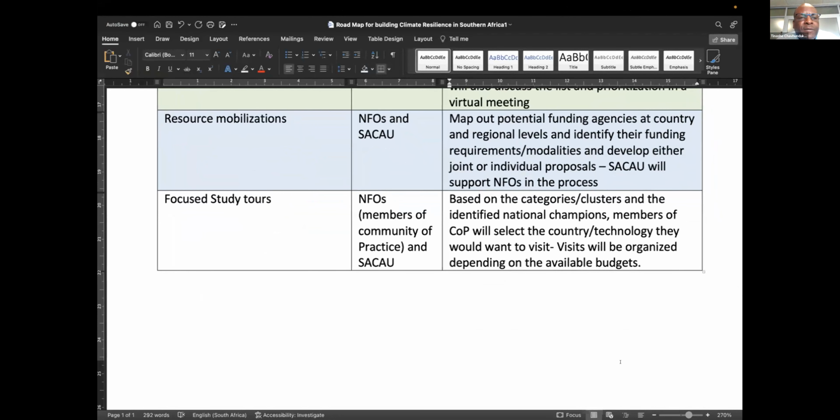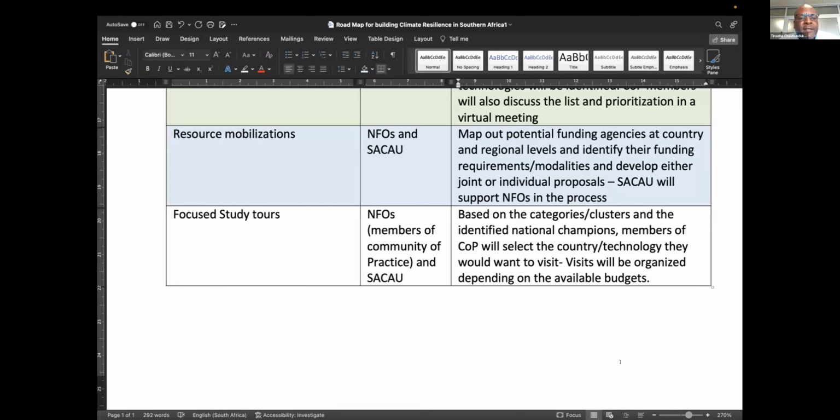The last bit of proposed actions that we want to do: I said earlier on that the community of practice that we put together is mainly for two things. Getting to do study tours, visiting innovation centers where climate resilient building practices are already implemented, and learn from there.